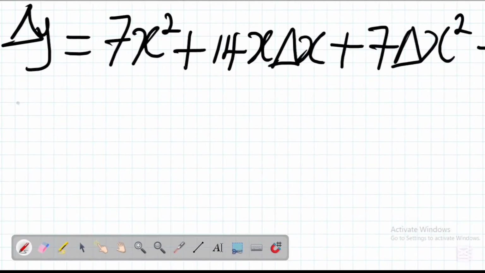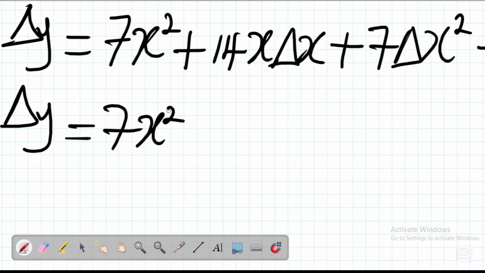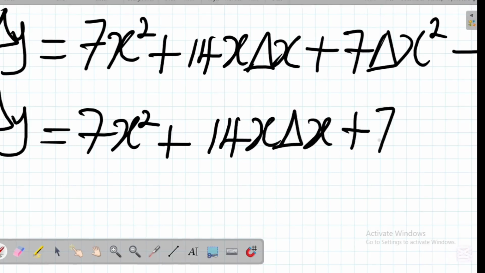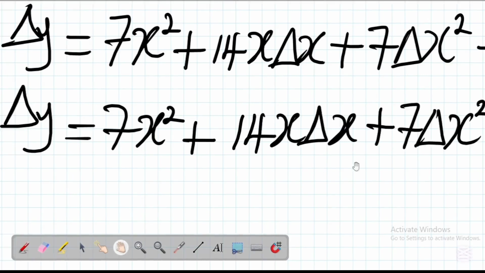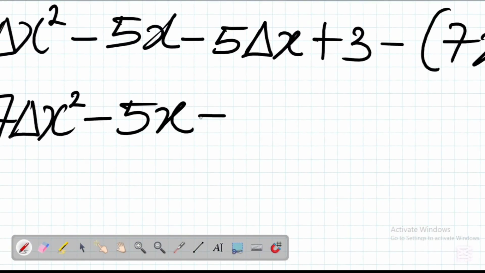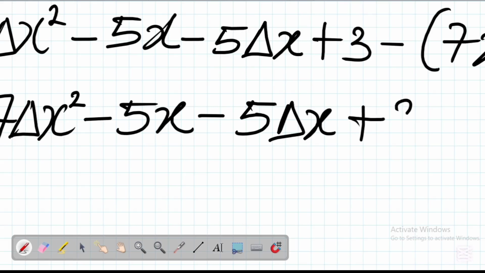So if we simplify further, we would have change in y equals 7x squared plus 14x change in x plus 7 change in x squared minus 5x minus 5 change in x plus 3.